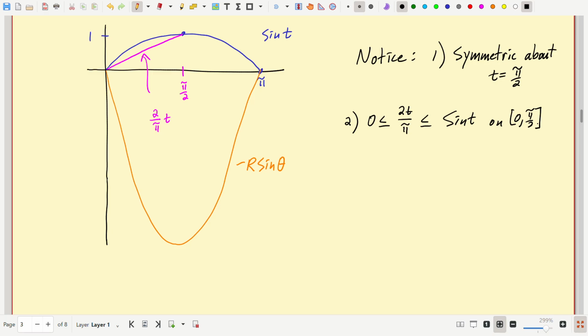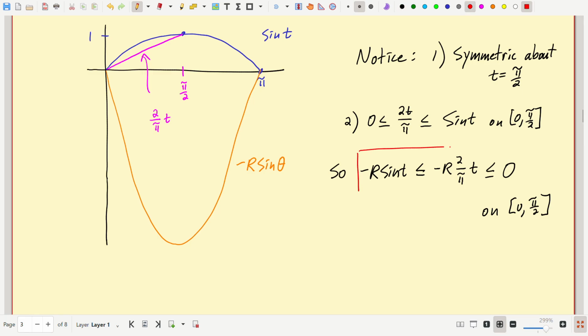So when I multiply that by minus r, I'd get minus r sine t is less than or equal to minus r 2t over pi, 2 over pi t, and that's less than or equal to 0 on 0 to pi over 2. Okay, that's a biggie. That's the thing I want.